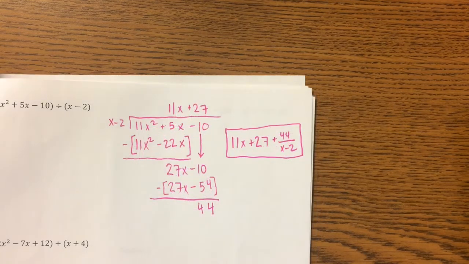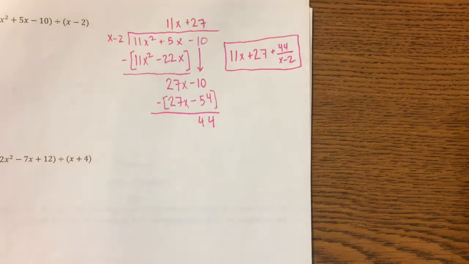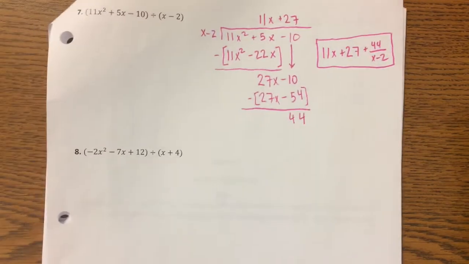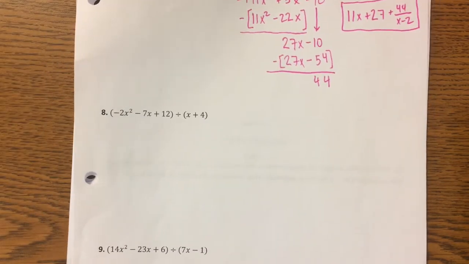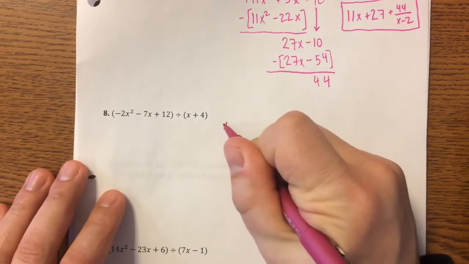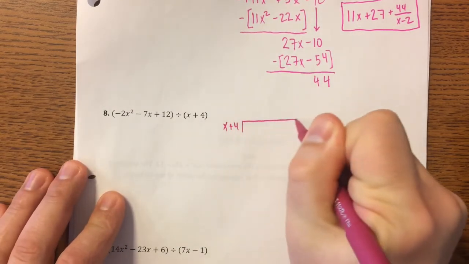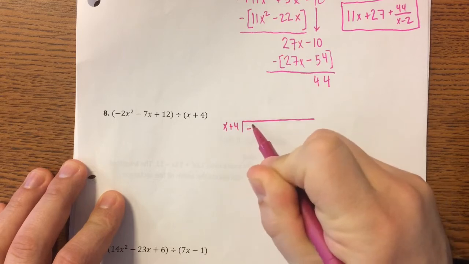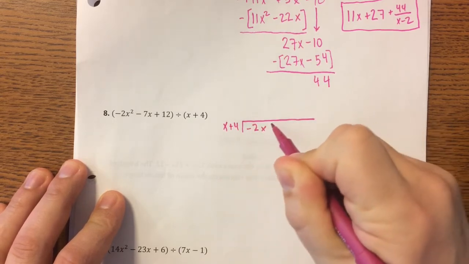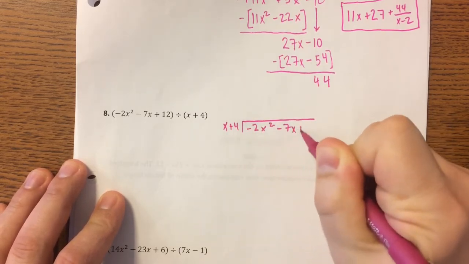All right, so let's do number 8. For number 8, we've got x plus 4 on the outside. That's our divisor. Our dividend is negative 2x squared minus 7x plus 12.